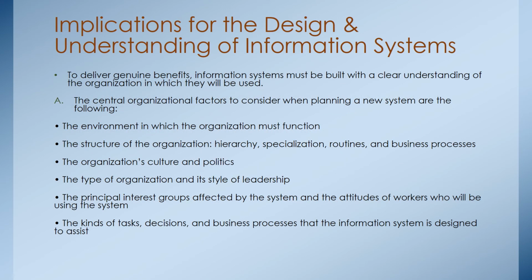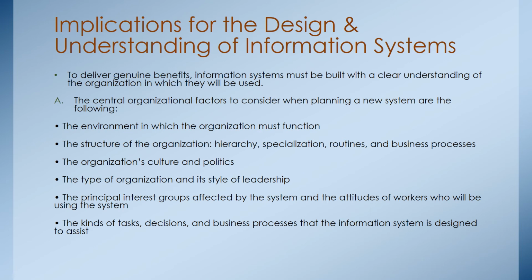Implication for the design and understanding of information system is to deliver genuine information benefits. Information systems must be built with a clear understanding of the organization with which they will be used.